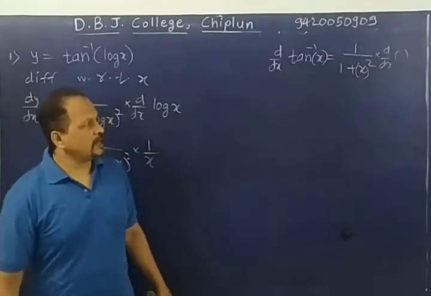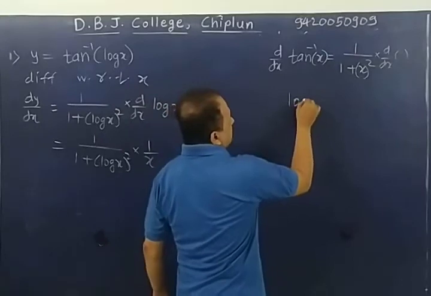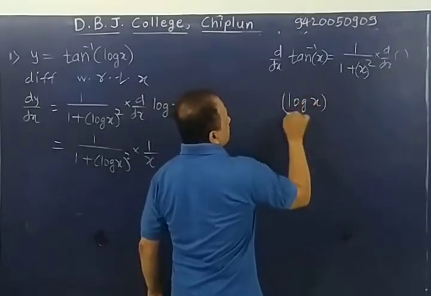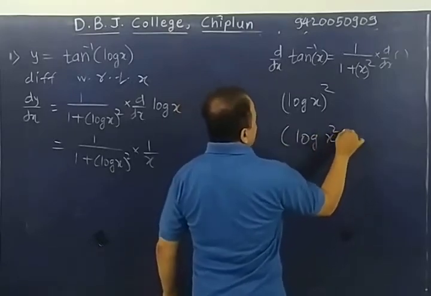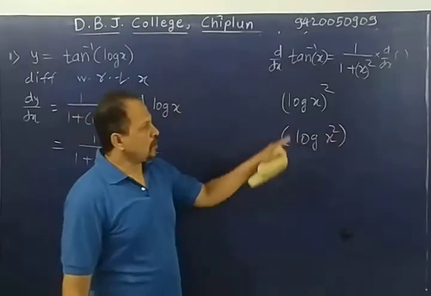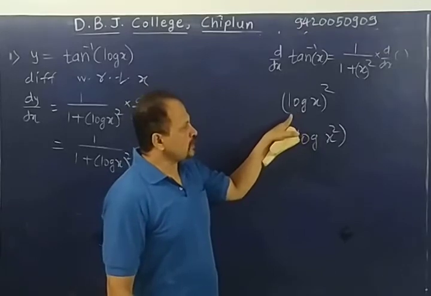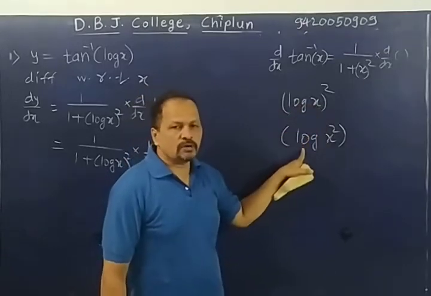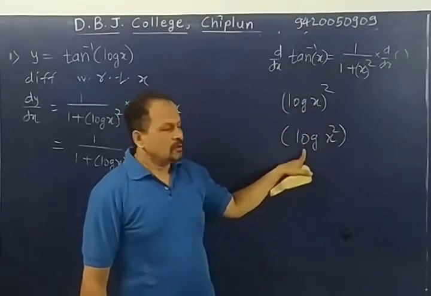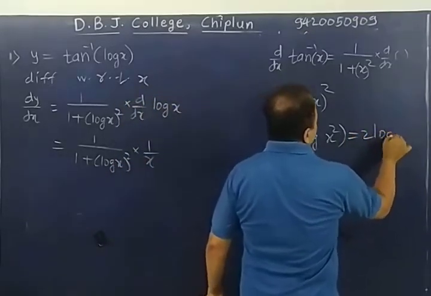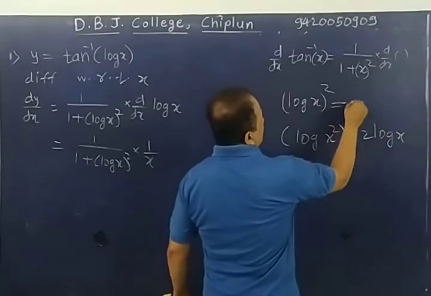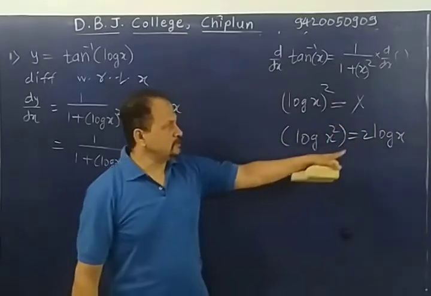Please remember that these two are different things: (log x) bracket square and log of x square. (Log x) bracket square is not equal to log of x square. For log of x square you can write 2 log x, but for this you cannot write like this.